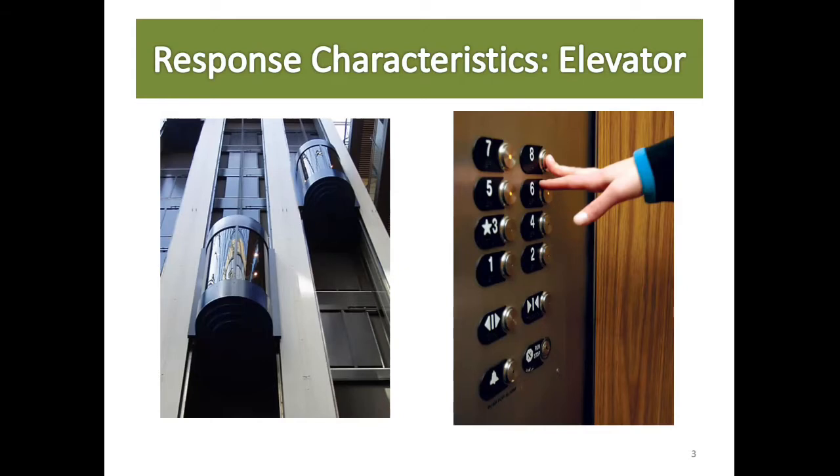That means you are giving the input 8 and the output, the lift, goes to the 8th floor. It works according to your requirement. That is an example of a control system.